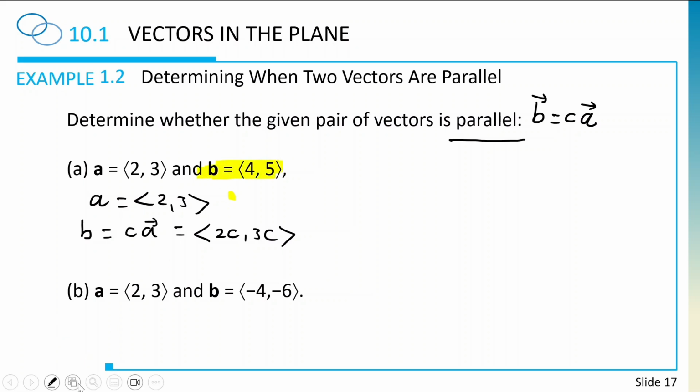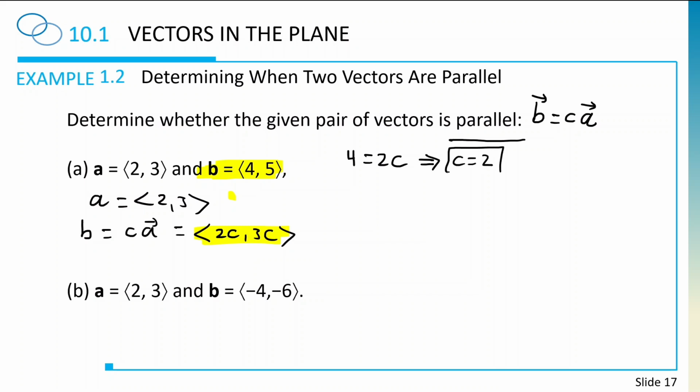How can I do that? Basically what I'm doing is this. Since this is B and this is B, they are equal to each other. So the first component is equal to the first component. Solve for C. This implies that C is equal to 2.